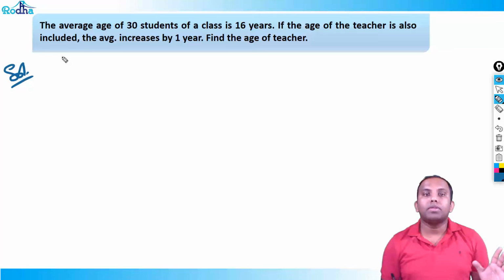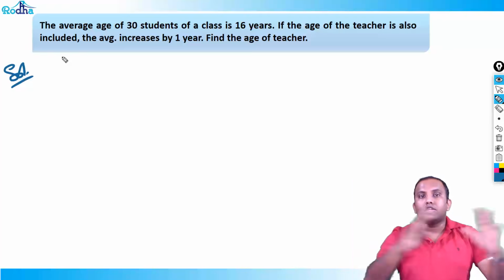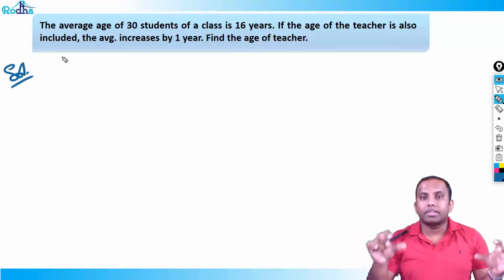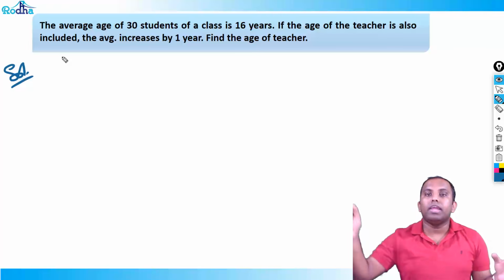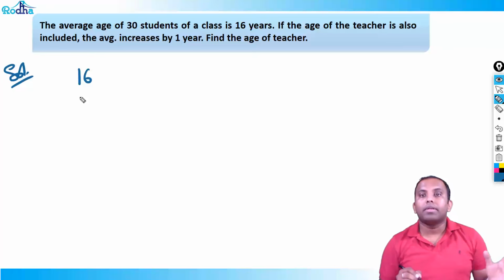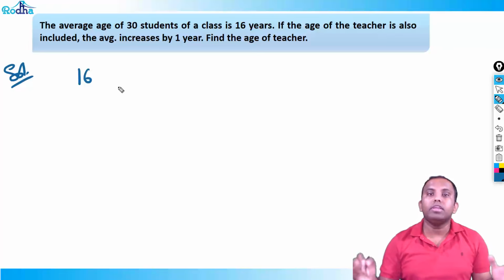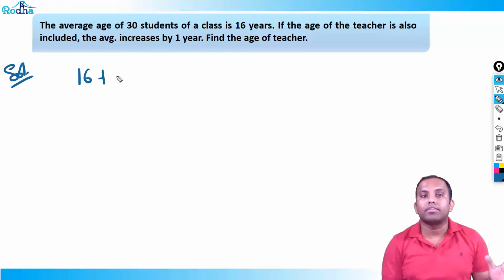Without pen, what we'll think: if the 30 students' average age is 16 years, and the teacher was also 16 years, then the average remains the same 16 years, right? But now after the teacher joins, the average age of the whole group increases by 1 year. That means obviously the teacher is more than 16 years, right?